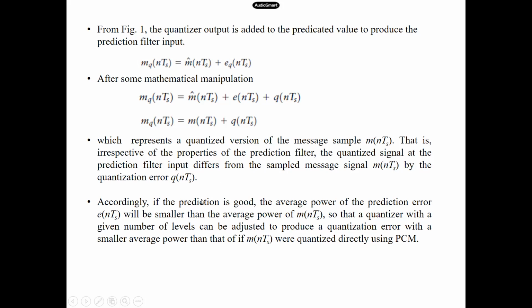Accordingly, if the prediction is good, the average power of the prediction error e(nTs) will be smaller than the average power of m(nTs), so that a quantizer with a given number of levels can be adjusted to produce a quantization error with a smaller average power than if m(nTs) were quantized directly using PCM only.